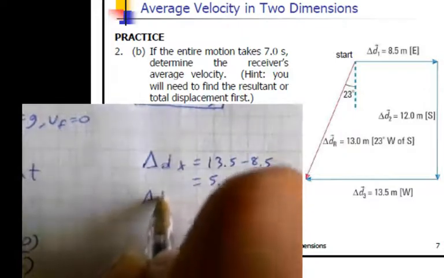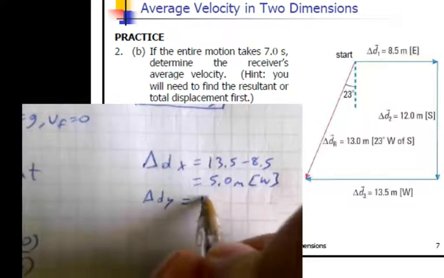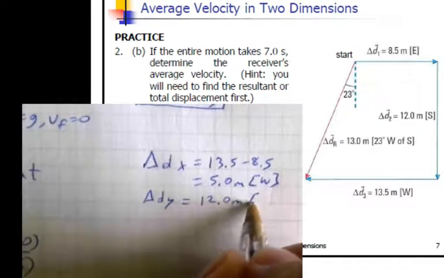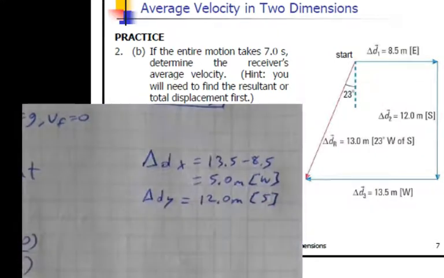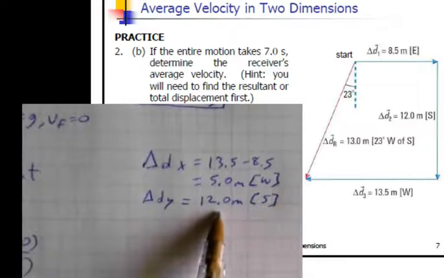And his displacement in the y is equal to 12.0 meters in the south direction. So now I have a displacement in the west and a displacement in the south.